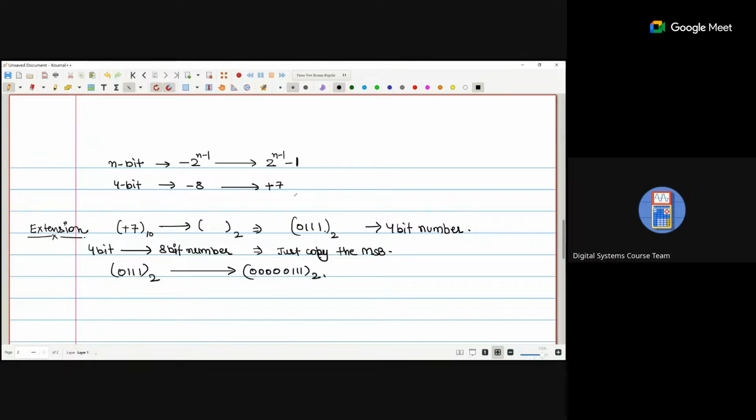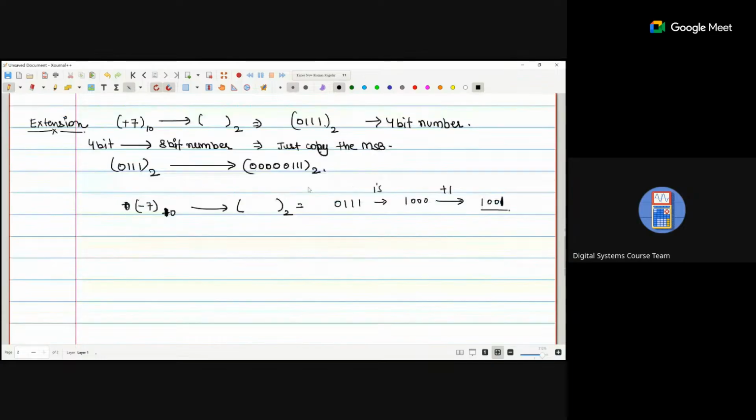Okay, similarly -7 in 2's complement, basically it is first of all 7, 0111, then take a ones complement, 1000, then add 1 to get the 2's complement, so it becomes 1001.